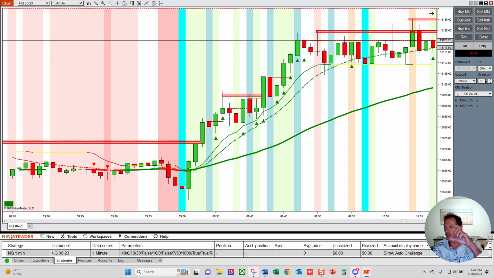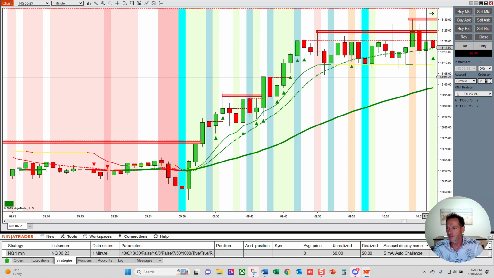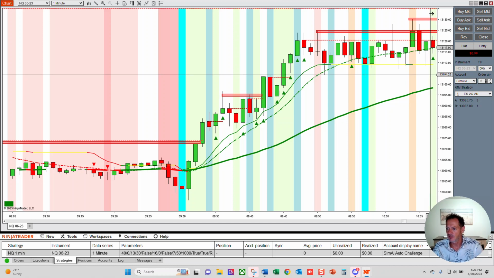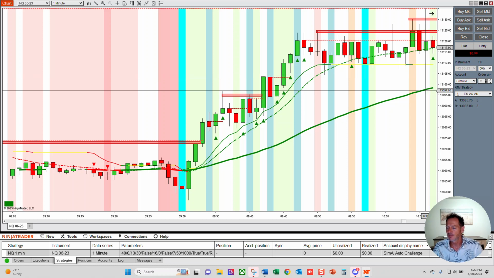So the difference between the 13,100 and the 13,120 is 20 points. Those 20 points, you times it by 4 to figure out how many ticks. So the 20 points times the 4 ticks per point equals 80 ticks.